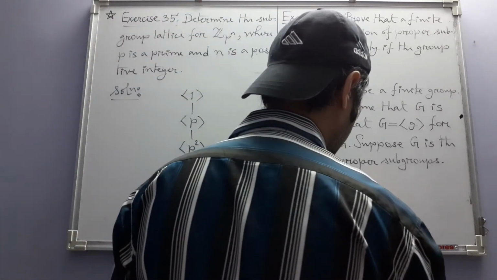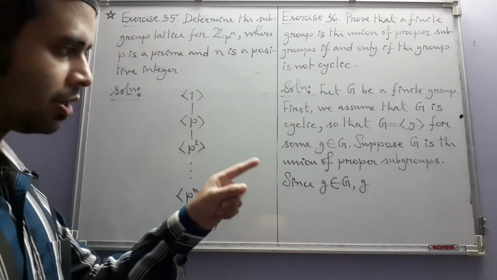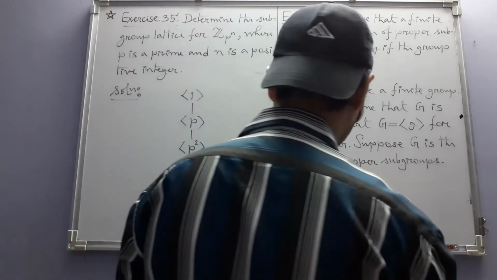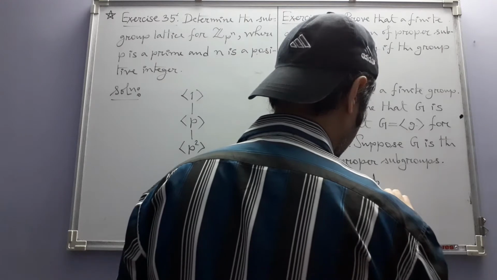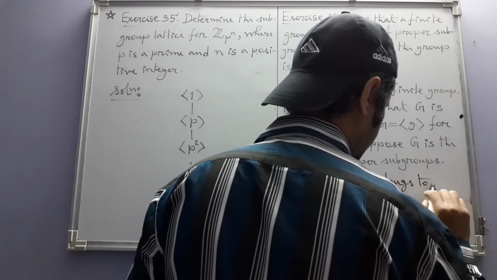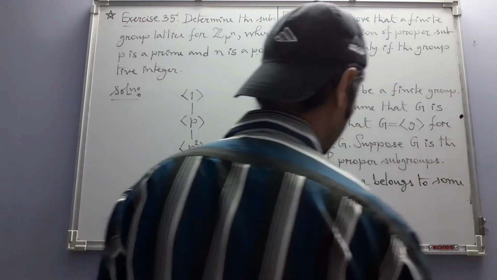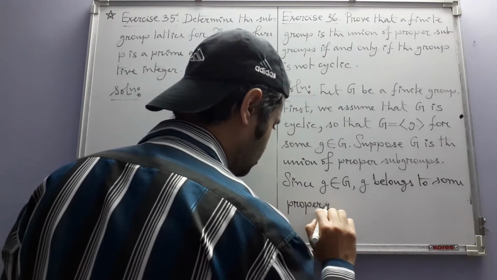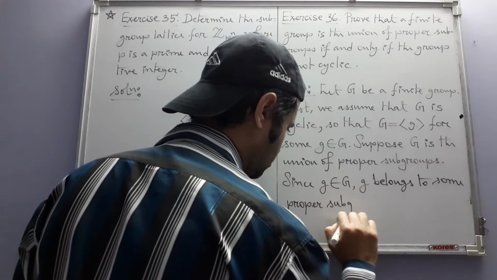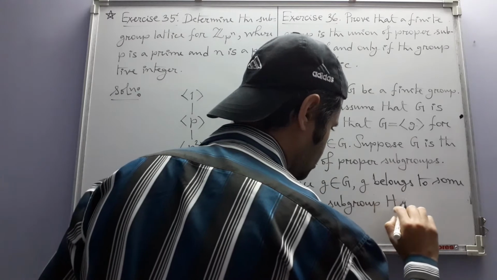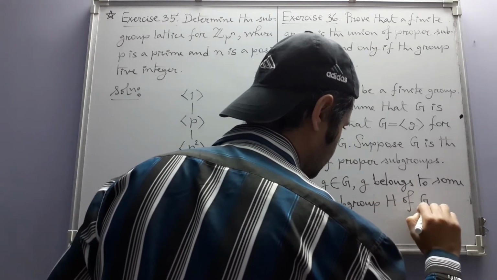That means small g will belong to some proper subgroup H of G.